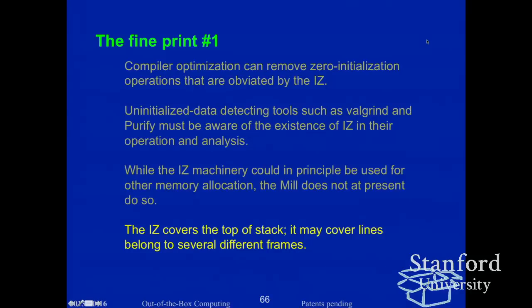Consequently, it may cover lines which cover more than one stack frame. A typical implicit 0 mask will be 64 bits covering the top 64 lines of the stack, which may be a number of different frames. As calls happen, the mask rotates, so it's always covering the top lines of the stack.